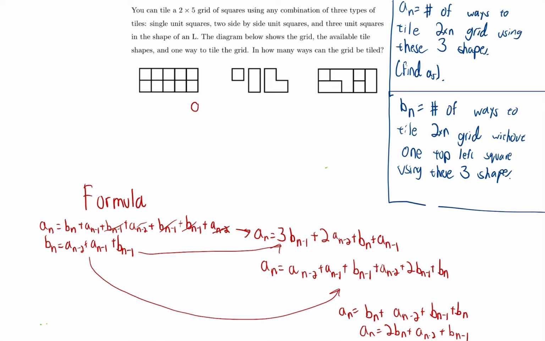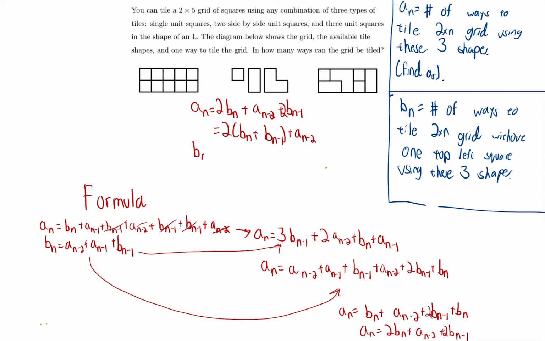Okay, so now that we have those two formulas, let's move them up to here. A of n is equal to 2b of n plus a of n minus 2. However, notice that there's actually a 2 here, so we can rewrite that as 2 times b of n plus b of n minus 1 plus a of n minus 2.